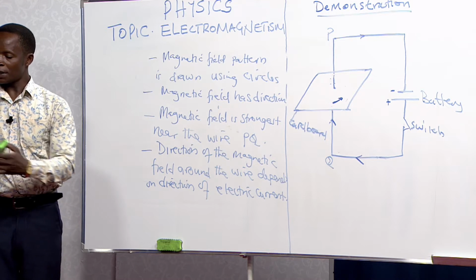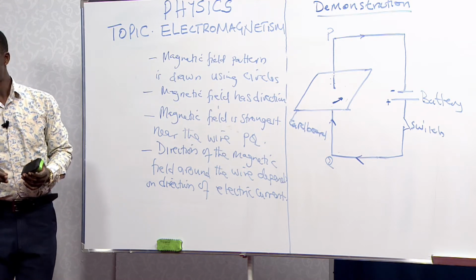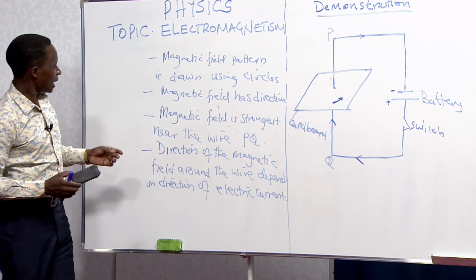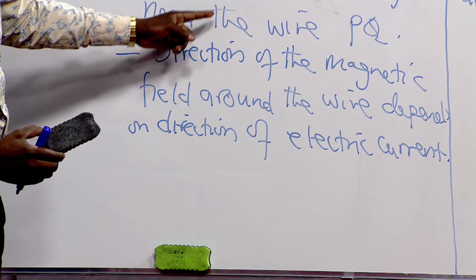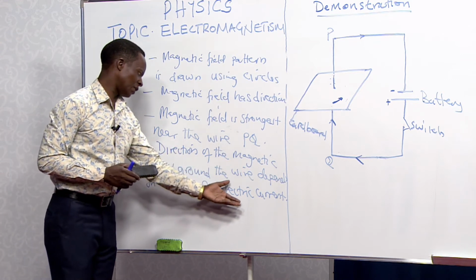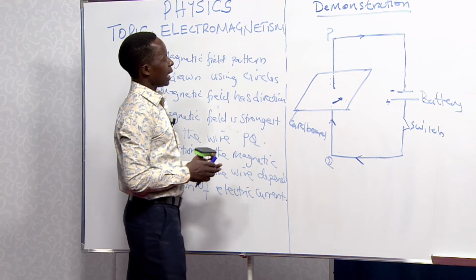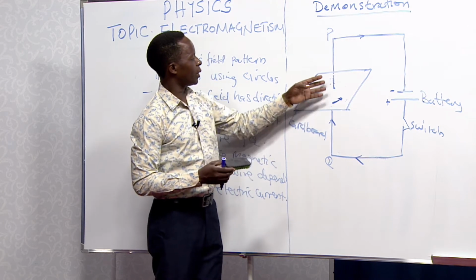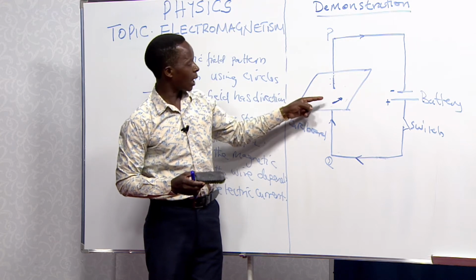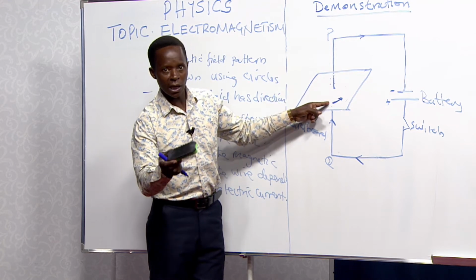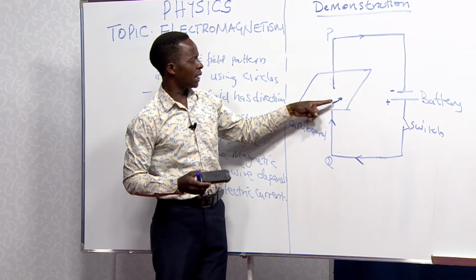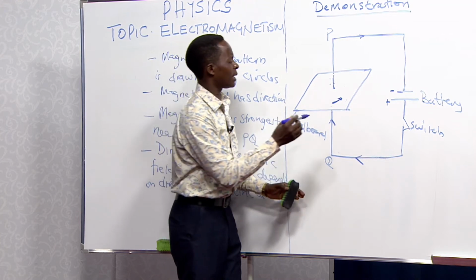We continue with that concept of a magnetic field around a conductor carrying current. Now, we've said that the direction of this magnetic field will also depend on the direction of electric current. And also here, we said that when you use the iron filings, you may not easily tell the direction of the magnetic field. However, when you use a compass needle, it can show you the direction of the magnetic field. Normally, the direction of the field is the direction to which the north pole of the compass needle points.